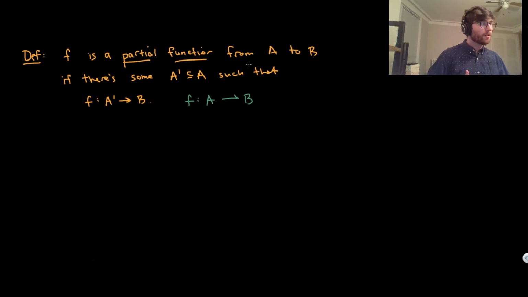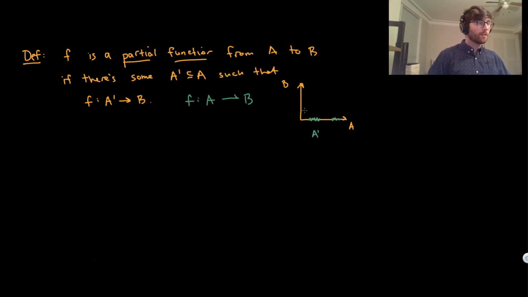So f is a partial function from A to B if its domain is some subset of A. And if we were to think of the graph of something like this, let's say that we could graph it, what would it look like? Let's say that A was right here, and this was B. Let's say that A prime was this green stuff right here.